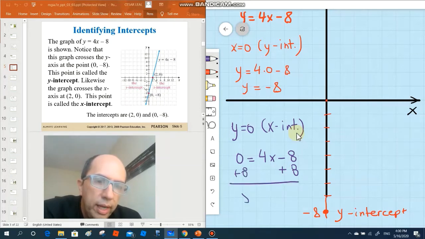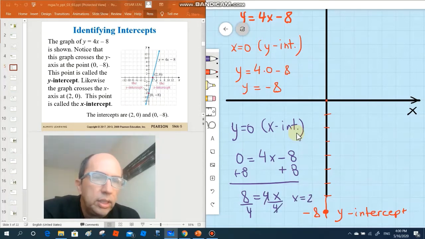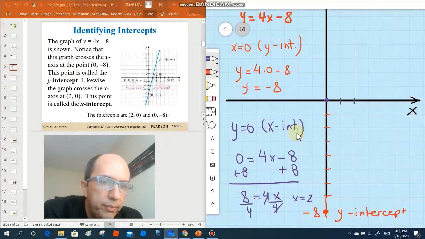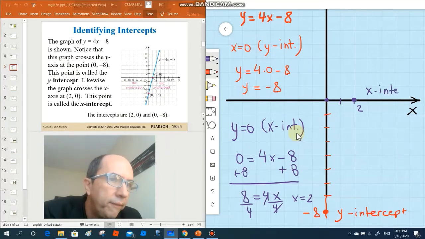You have 8 equals 4x. Divide by 4 on both sides: x equals 8 divided by 4, 2. So the x-intercept is where y equals 0 and, in this situation, x equals 2. This is the x-intercept.